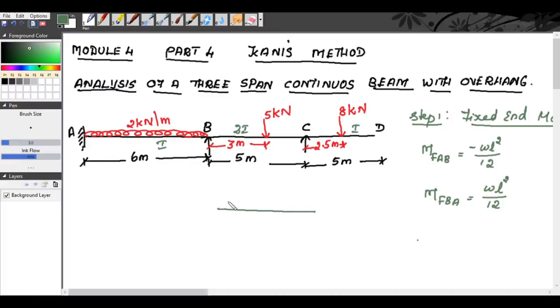So fixed end moment means we have to assume the support as fixed supports. Either it is hinged or simple supports or a roller support or a fixed support, you have to assume the support as fixed support.